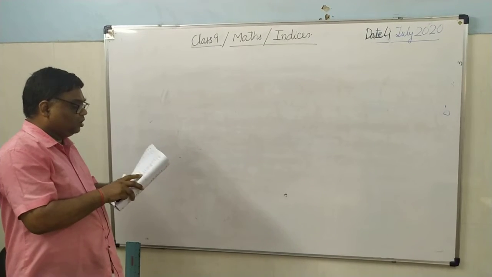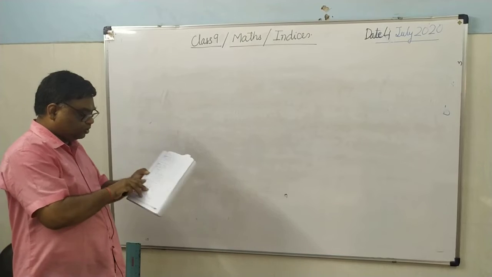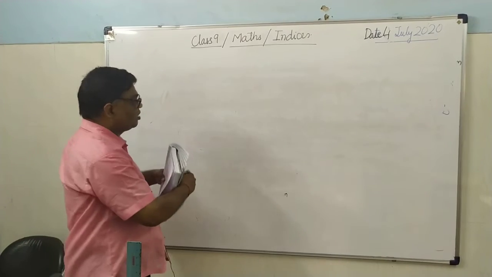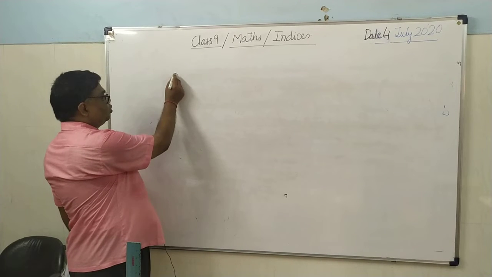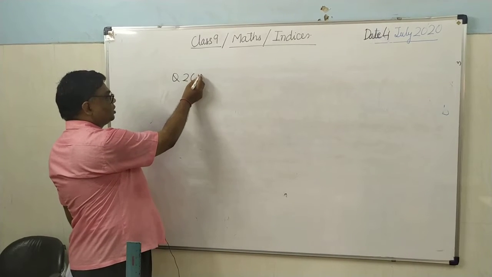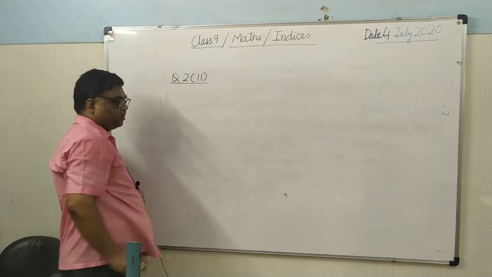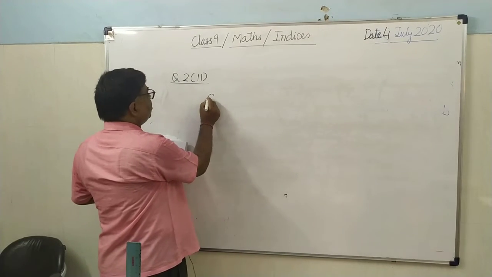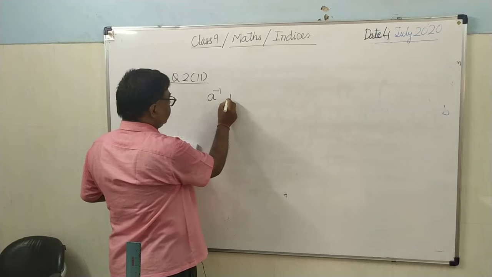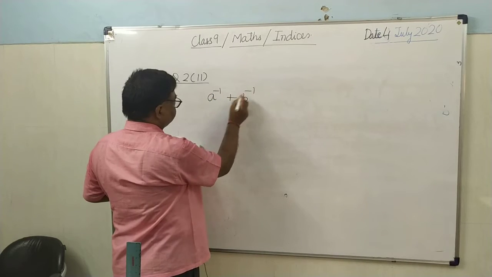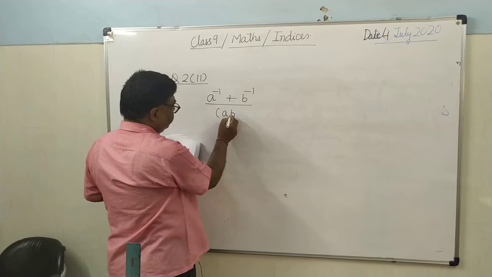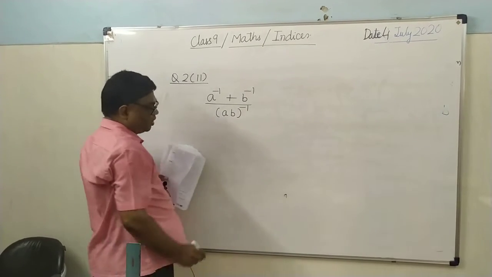Question number 2, second part. See here: a to the power minus 1 plus b to the power minus 1, divided by ab to the power minus 1.